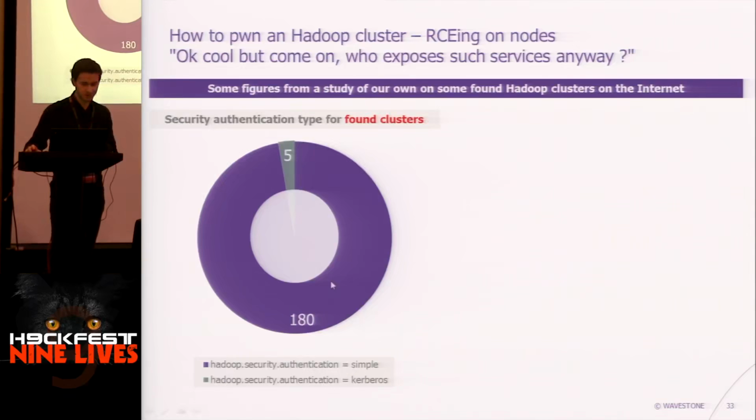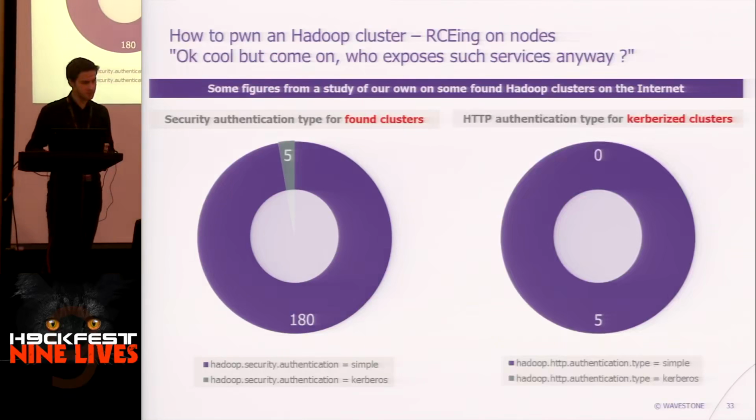For the large majority it is simple. Simple means nothing. Simple means game over. Simple means you can execute anything on it. You can execute your botnet. You can store terabytes of files on it. For 5 clusters, we found they were enforcing Kerberos, which is a tiny figure, but still something.